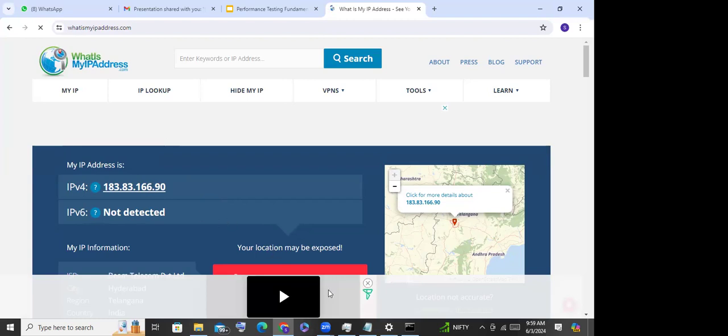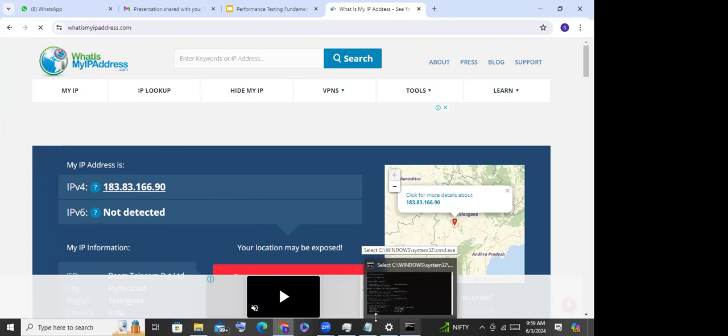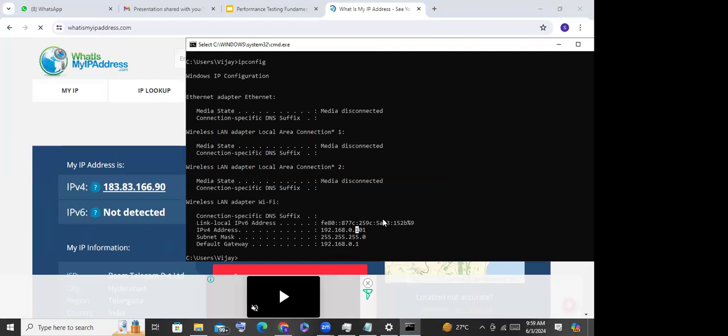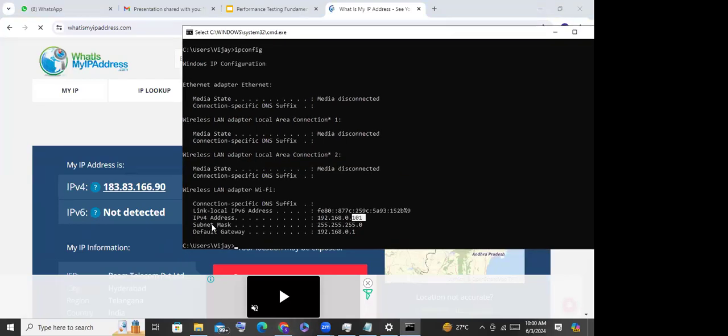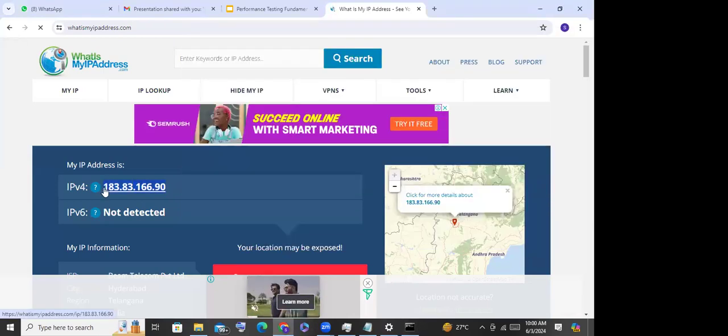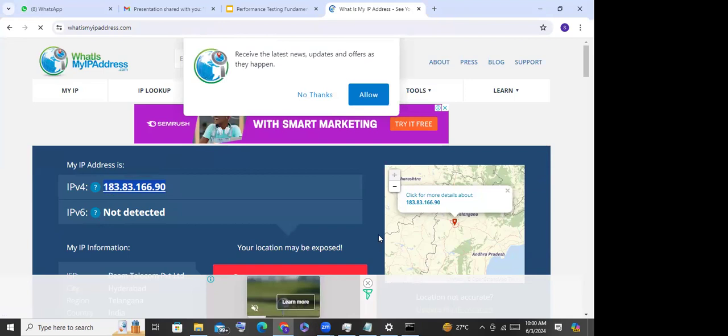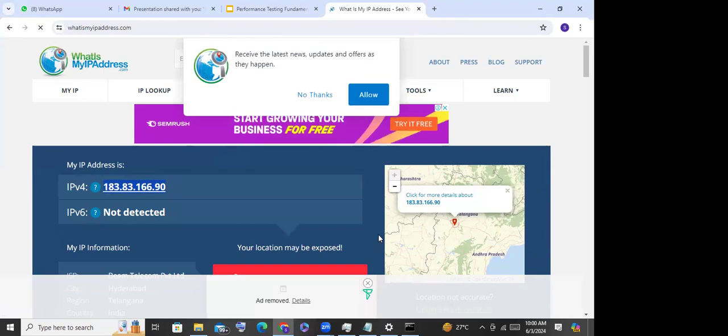In your command prompt also, open it and type ipconfig. You would have two completely different IP addresses. This is my IP address in my wireless area network, and this is the IP address that I'm showing to the external world. Isn't it?